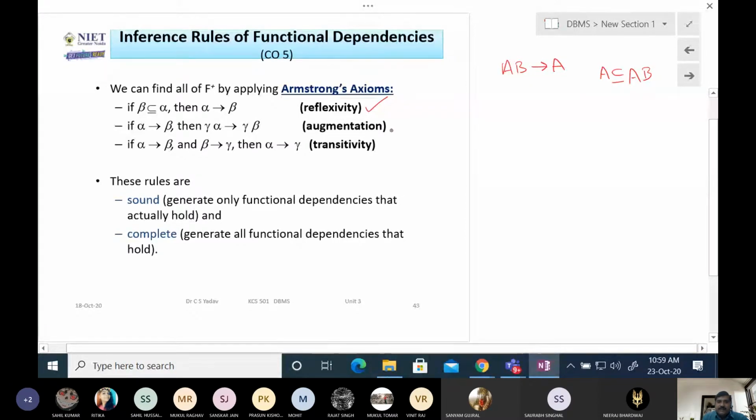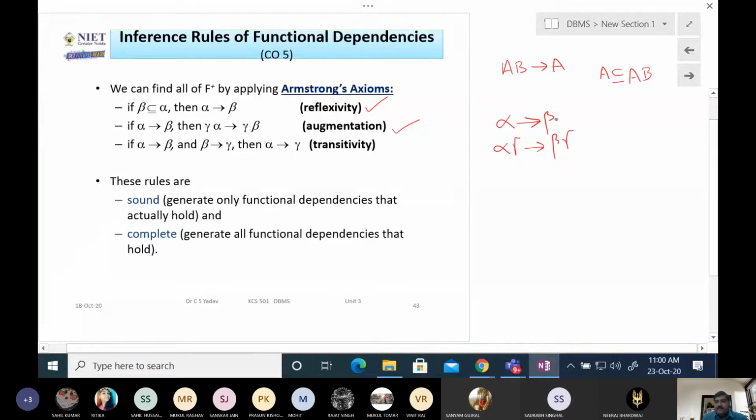Second rule is called augmentation rule. What is the meaning of augmentation rule? If any functional dependency exists on R, and suppose that FD is alpha determines beta, then if we augment both sides by gamma, then that functional dependency also holds on R. Suppose we augment both sides of this functional dependency with gamma, then alpha gamma determines beta gamma.